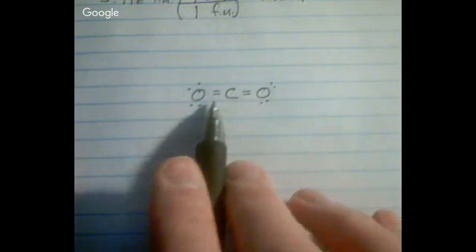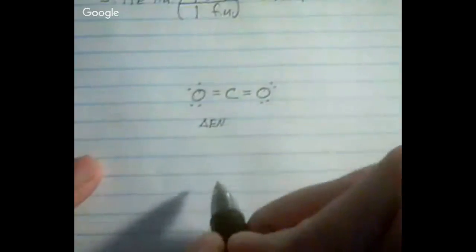Let's first draw each of these bonds as a dipole to show if they are themselves polar or not. To do that, I would take the difference of electronegativity for carbon and oxygen. These are both carbon to oxygen bonds, so they're both going to be the same.